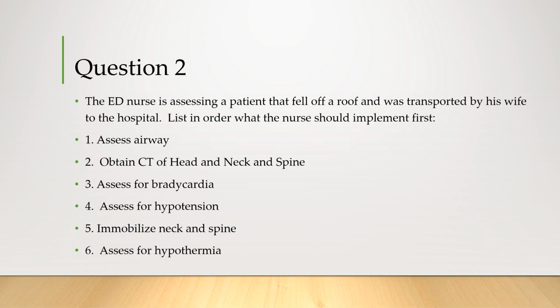Question 2. The emergency room nurse is assessing a patient that fell off a roof and was transported by his wife to the hospital. List in order what the nurse should implement first. So if it is not already done, which hopefully it was by EMS, we have to immobilize their neck and spine. The second thing we do is assess airway.